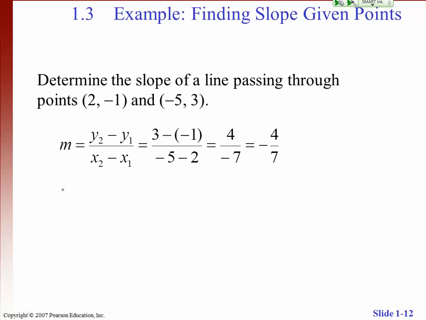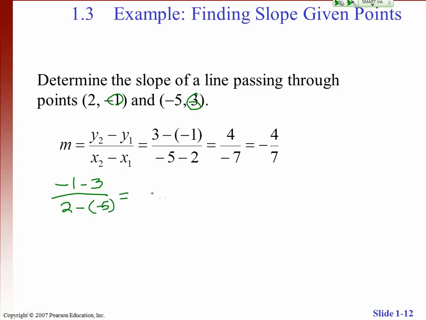negative 1 minus 3. Those are our y numbers, right? Negative 1 and 3 over the x numbers. So I'm going to do the same order that I did. I started with the left point, so I'm going to do 2 minus a negative 5.